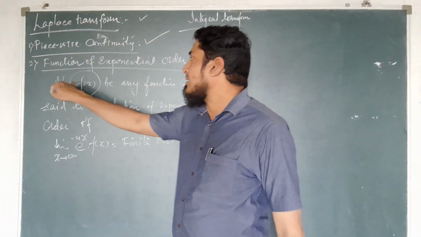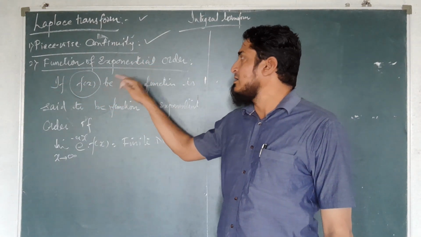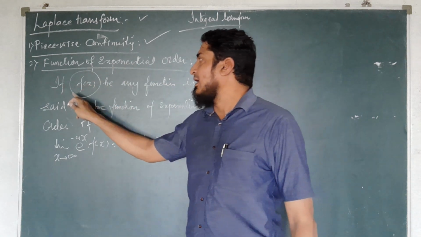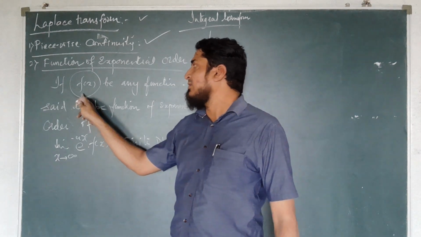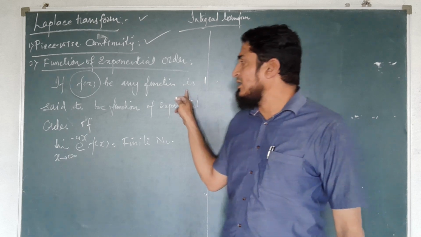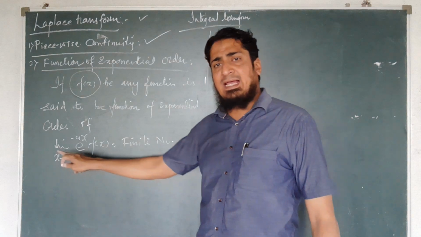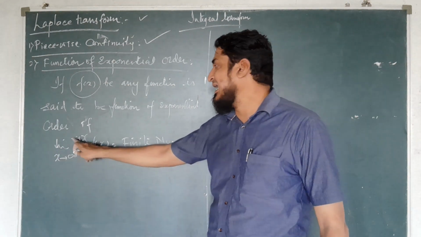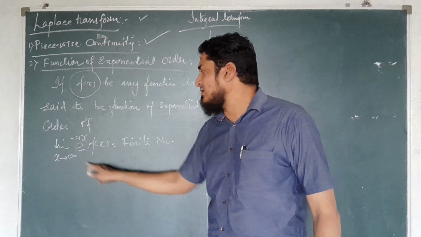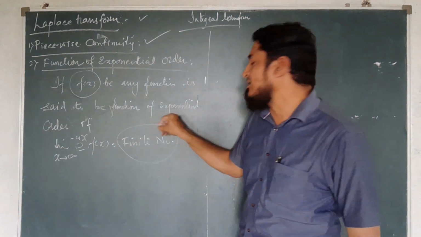Here we are studying the function of exponential order, and we are about to know its definition. In the definition, f of x is any function, said to be of exponential order if limit x tends to infinity e raised to minus ax into f of x, when we solve this limit, gives a finite number.